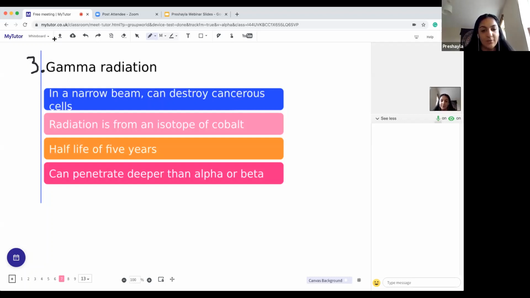Now we use cobalt because it has a half-life of 5 years. So after 5 years, that radiation will halve, and after another 5 years, it will halve again, and so on and so forth, so that it will no longer be in the patient's body. And the reason that we use cobalt is because it emits gamma. And as we know, gamma has the highest penetrating power and can penetrate deeper than alpha or beta.